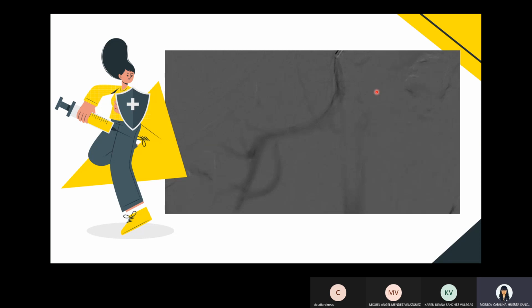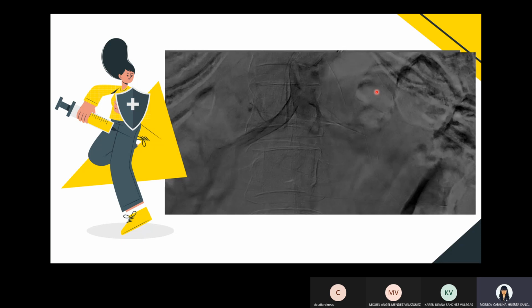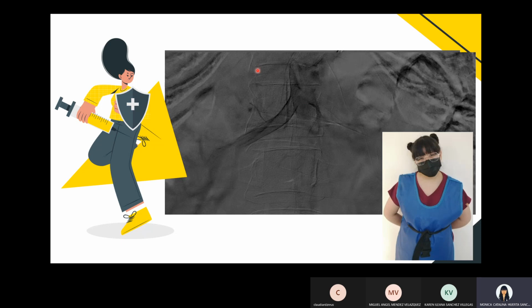And after the procedure was finished, we see the contrast going not only to the main artery, but also the terminal branches. So we know we successfully removed the thrombus. And that's me, happy after the procedure.